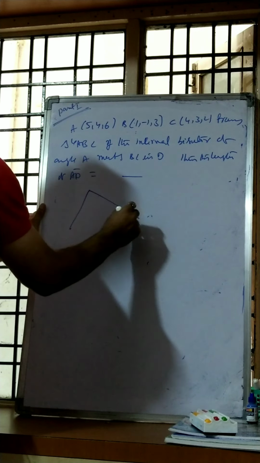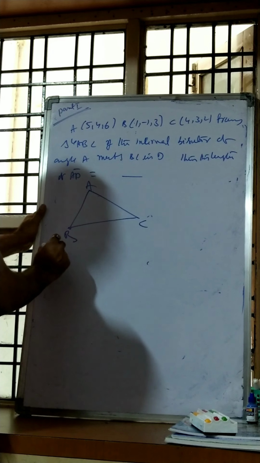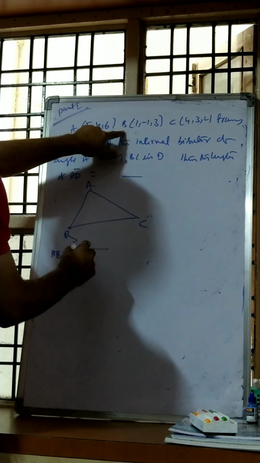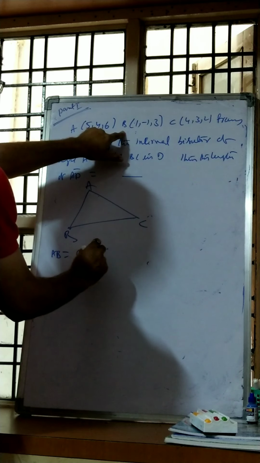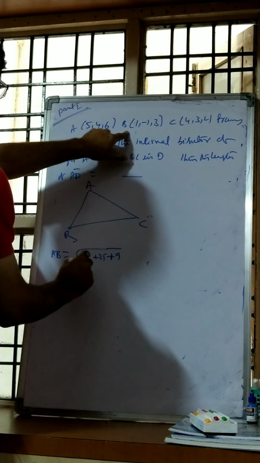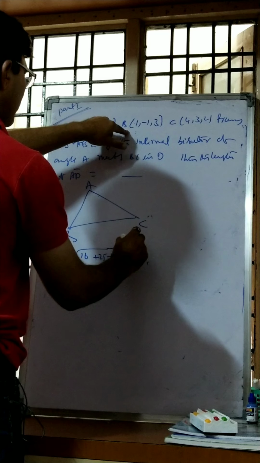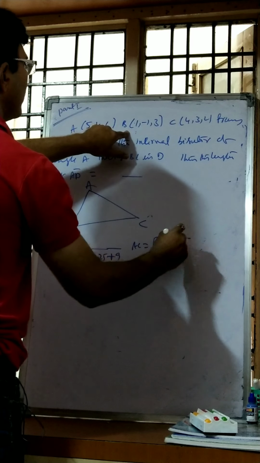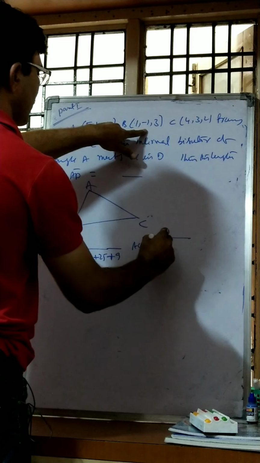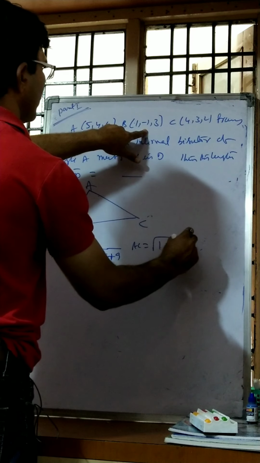Sir, you know very well, as I said to you, that this is ABC, you say. So the distance between A and B, you have to get it. Distance AB means 16 plus 25 plus 9, sir. 5 root 2, sir, AB. Now next one is AC, you have to find. AC distance is 1 plus 1 plus 16, sir.